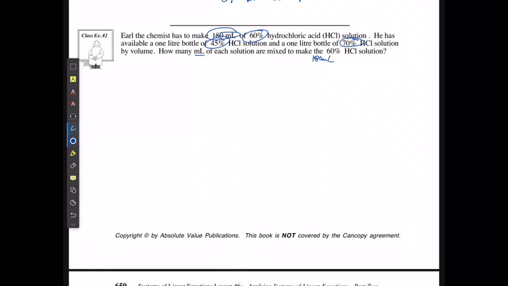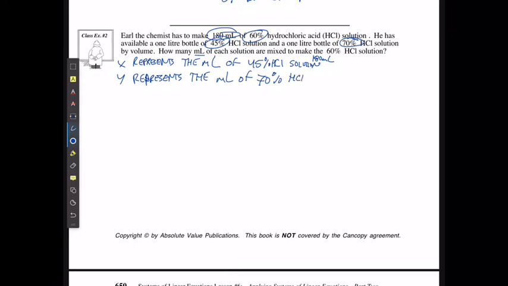So the first thing I'm going to do is represent X and Y. X is going to be the milliliters of 45% HCl solution, and Y is going to represent the milliliters of 70% HCl solution.